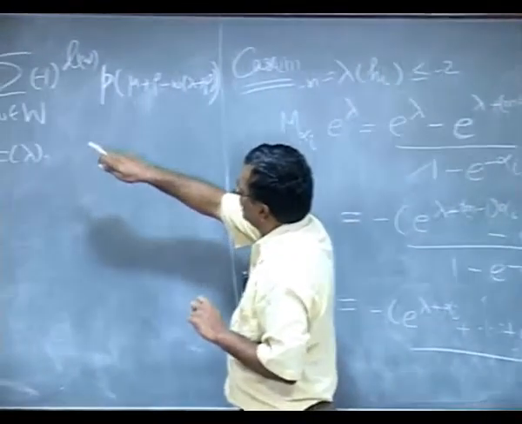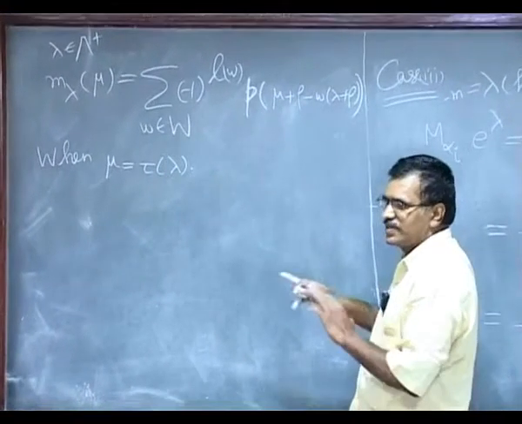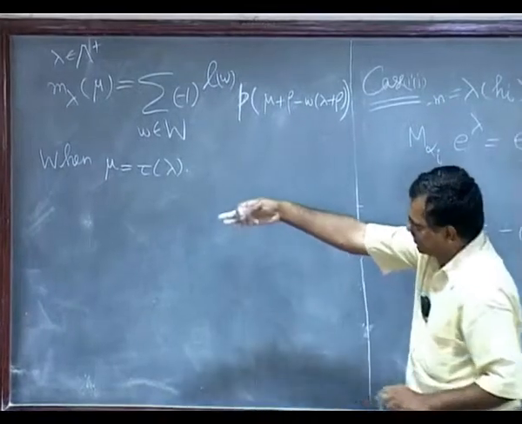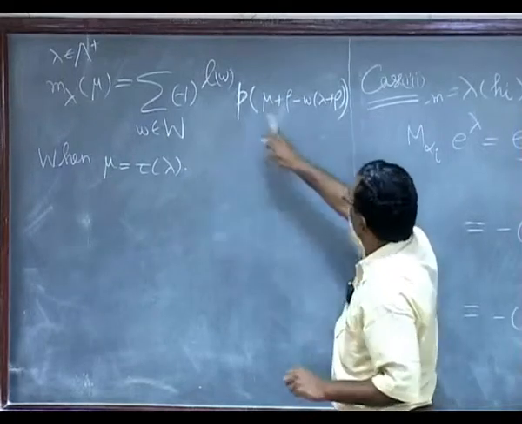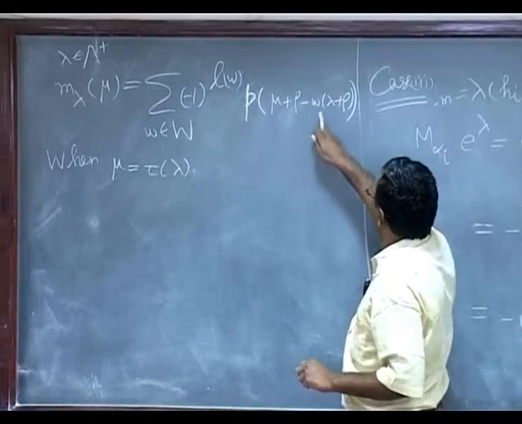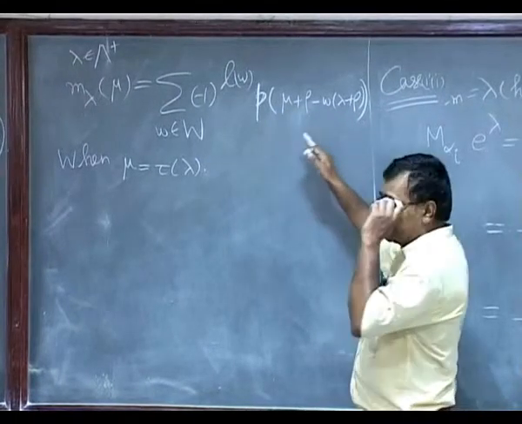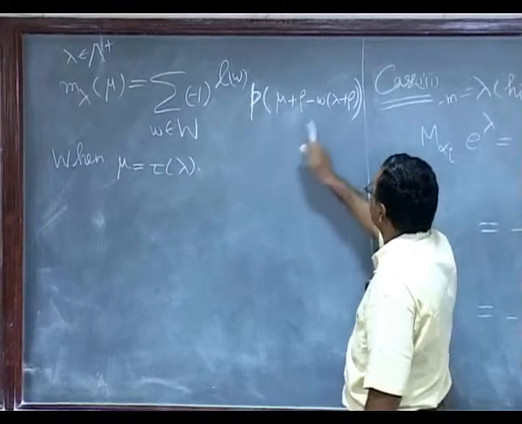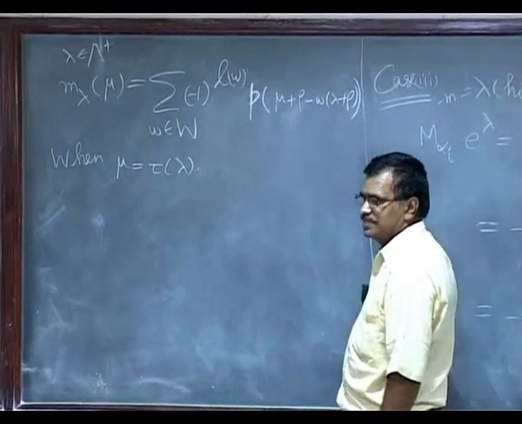Even there, it is not so easy to apply this formula to get that number is 1. Of course, when tau is identity, we can see, if mu equals lambda, then except for w equal to identity, everything is 0, you can see that. And also that it is 1, because P of 0 is 1, so you can see that.